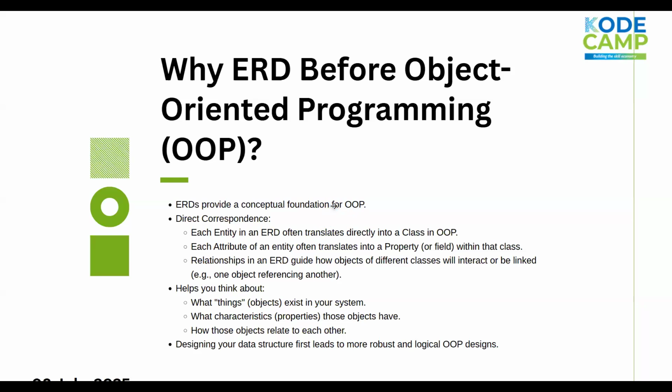That is the relationship between the two entities. So once we are able to identify the entity and also get all the attributes for the entity, the final step is how do they relate to each other, okay? So by designing your data structure with an ERD first, you set yourself up for a much more logical and maintainable OP design later on. Are we good?